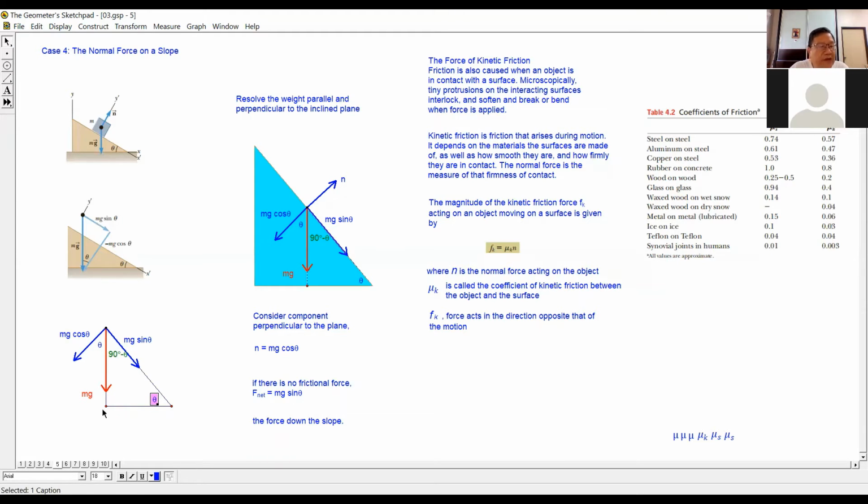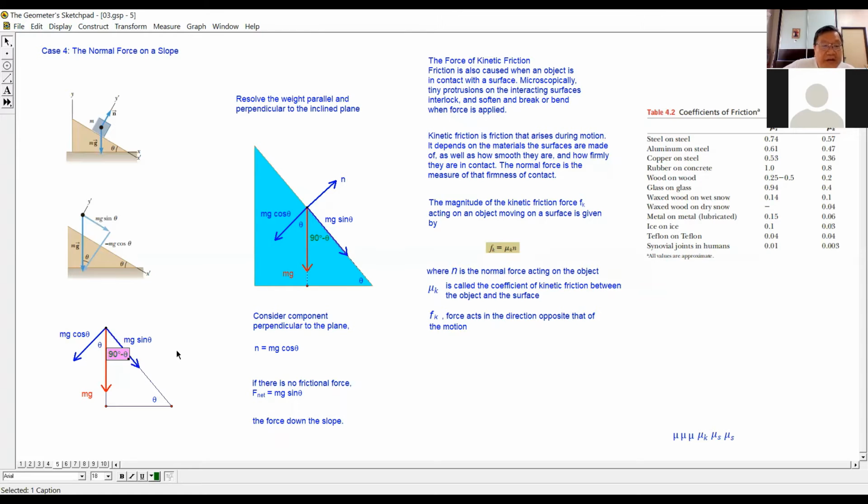If this angle here is theta, then the angle at the top here will be 90 minus theta, because I draw a right angle triangle with the weight as one side.